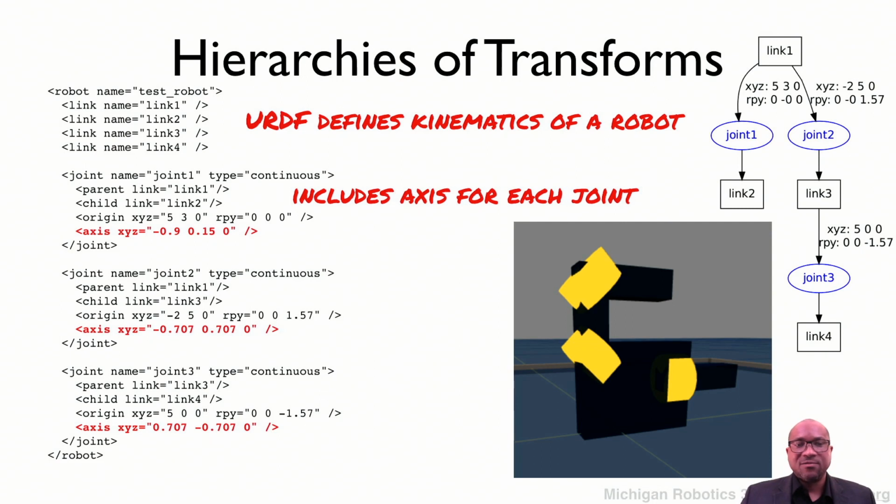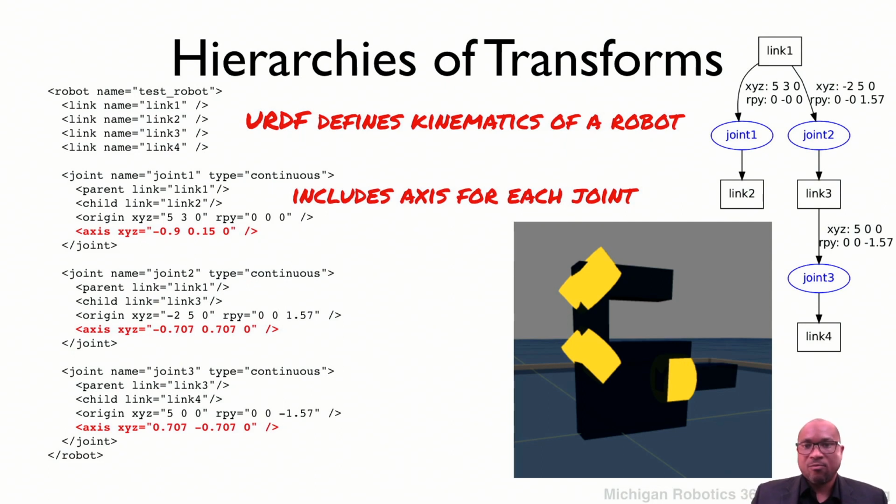Inside of each of those joint descriptions, there's an axis field, and the axis says what is the axis of motion, either the axis of rotation or axis of translation, that the parent link can use to move the child link in its relative motion.